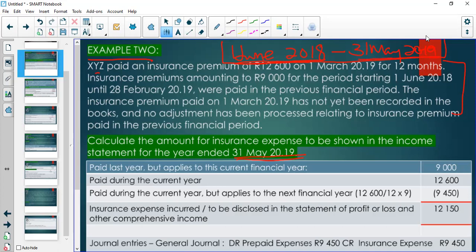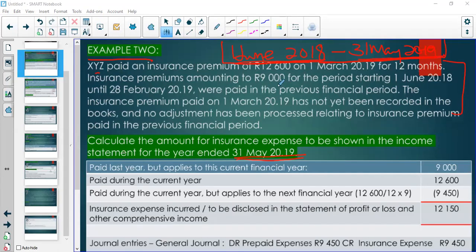So that's an expense. If there's anything for other periods falling outside this period, we're not going to report that expenditure because it's not part of the current year expenditure.